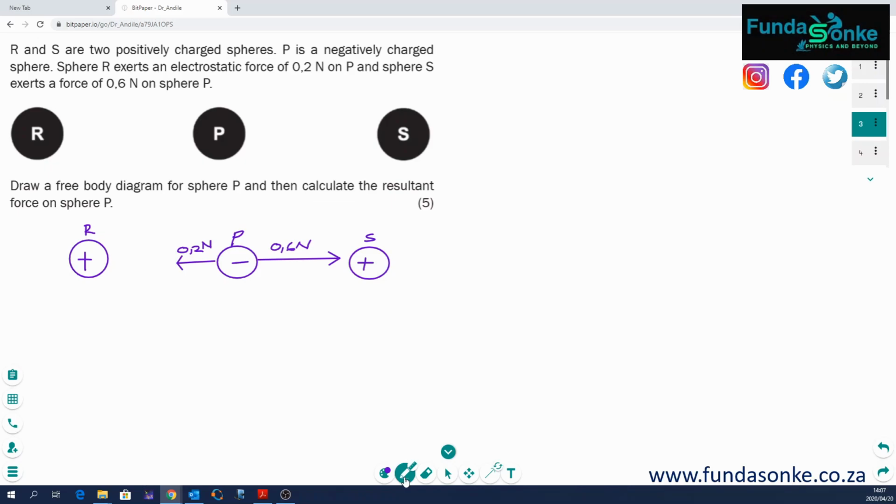So for our free body diagram, we're just going to have an arrow acting to the left, representing our force of 0.2 newtons. Then we'll have another arrow acting to the right, representing our force of 0.6 newtons. Then, since your object represents a point mass, we normally just introduce a small point there, which represents the object under investigation.